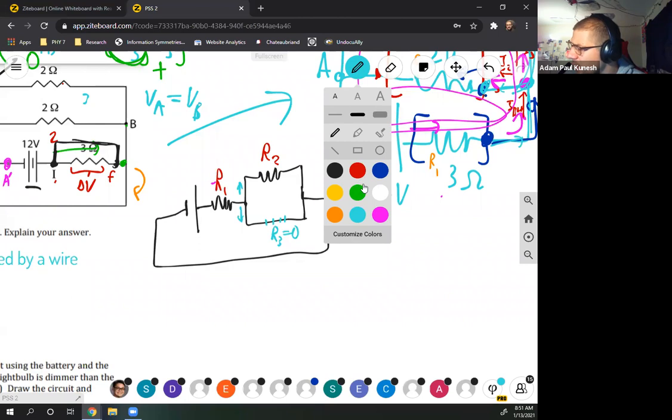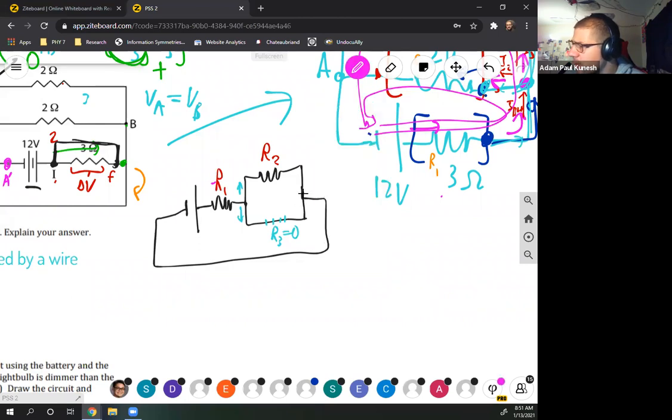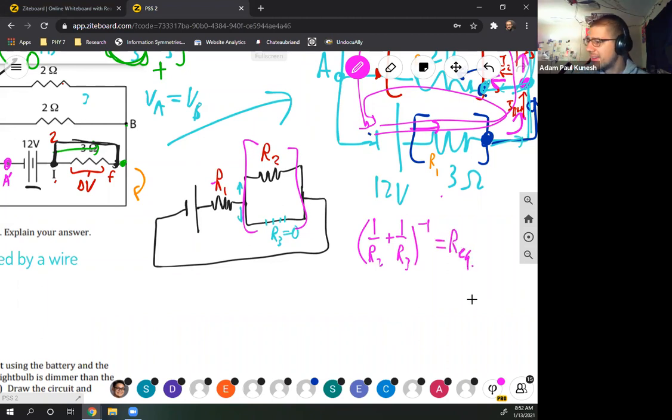And if I look at the equivalent resistance of this, I can add these 2 resistors in parallel: 1 over R2 plus 1 over R3, inverted, is R equivalent. But wait, R3 is 0.